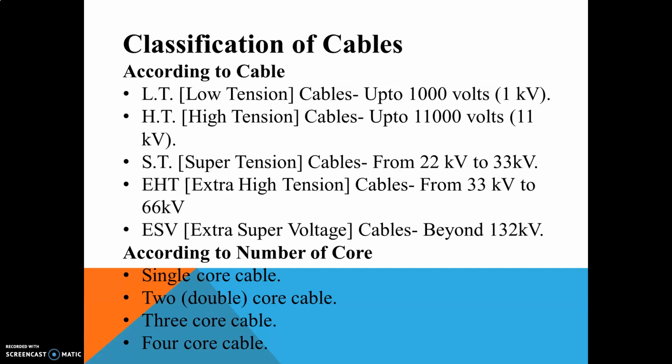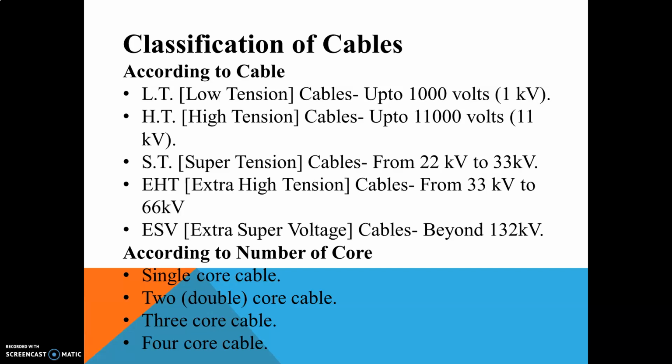High tension cable, their voltage range is 11 kV. Super tension cable from 22 kV to 33 kV. Extra high tension cables from 33 kV to 66 kV, and extra super voltage cable beyond 132 kV.